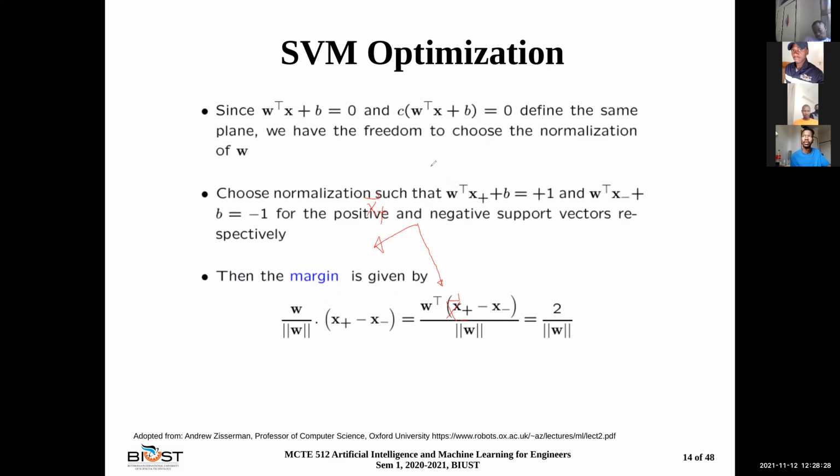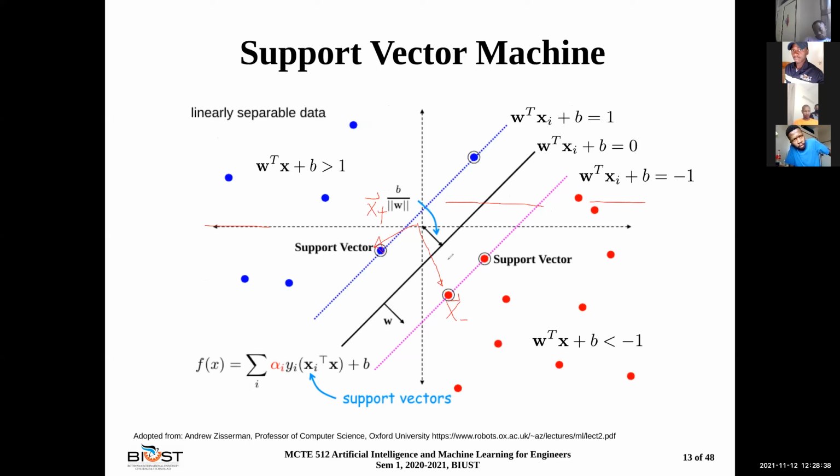You have a positive support vector that is plus 1 and a negative support vector that is minus 1. So we draw it. Now this vector, that vector is what?